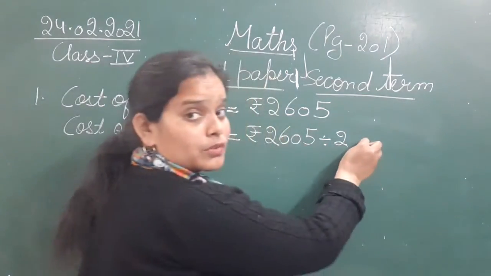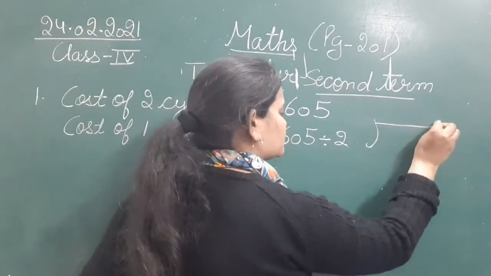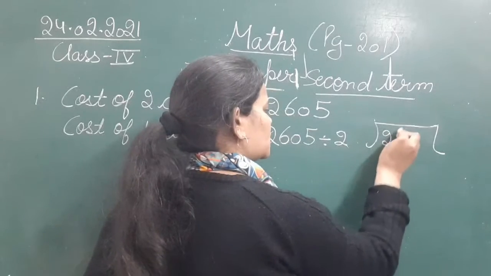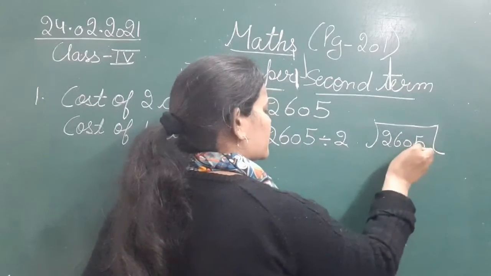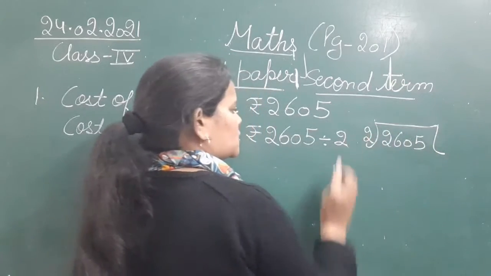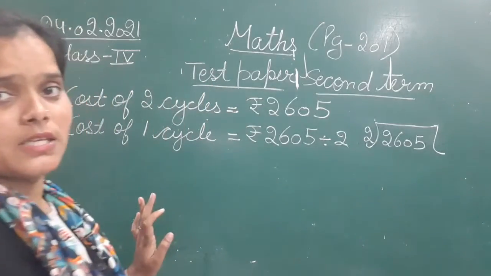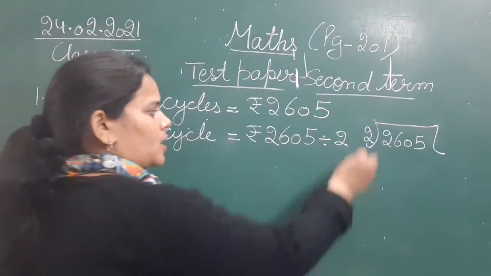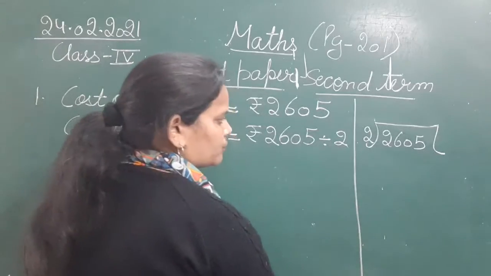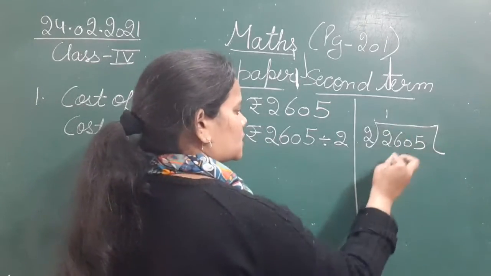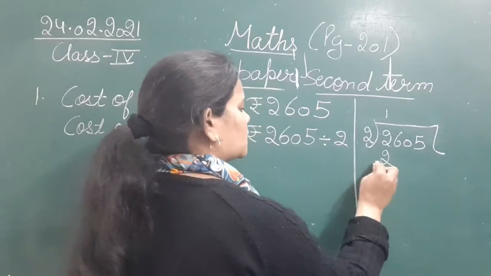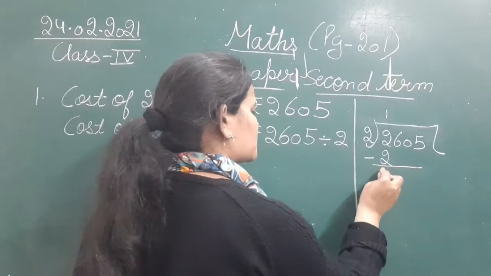So first of all we will do the division. 2,605 divided by 2. So 2 ones are 2, minus 2, 0.